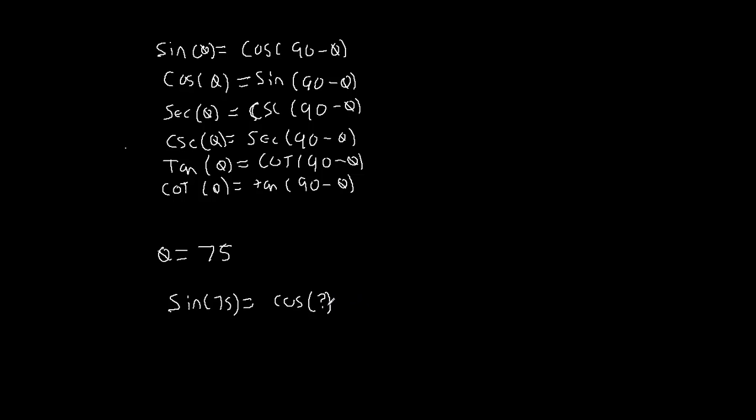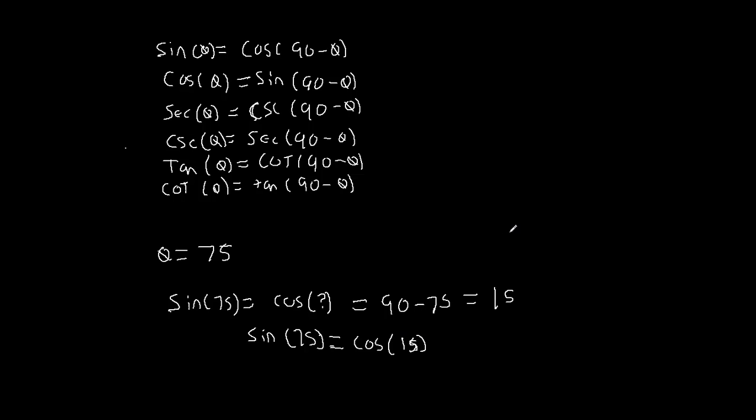Well, we know here that the sine of 75 is equal to the cosine of 90 minus 75. So 90 minus 75 is 15. So the sine of 75 is equal to the cosine of 15.